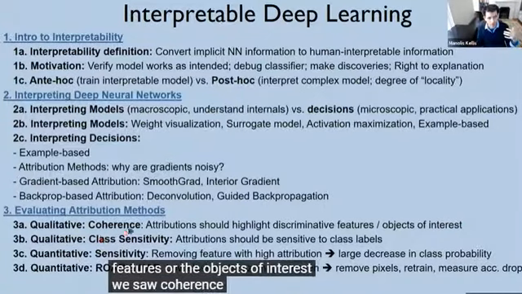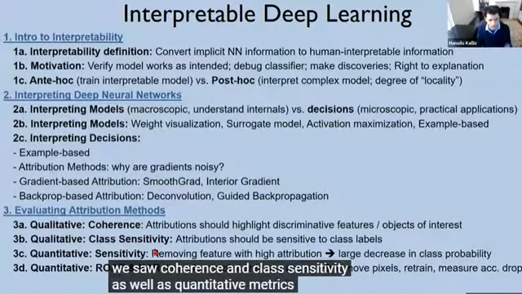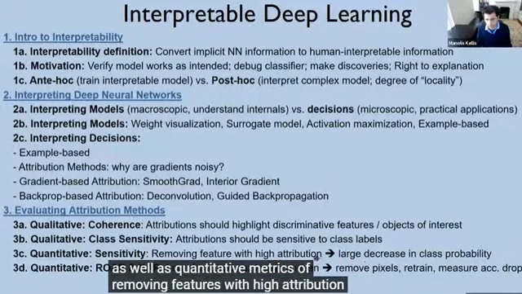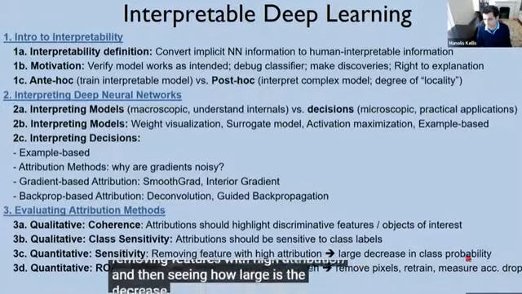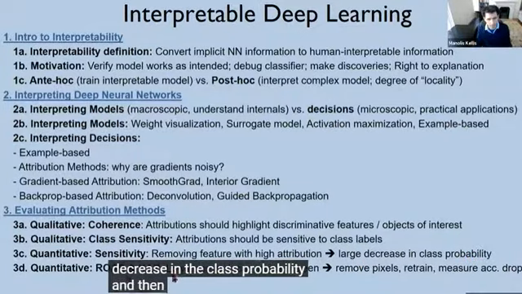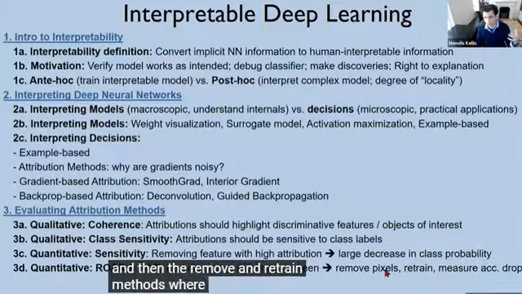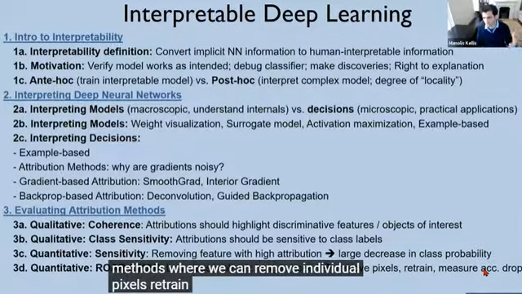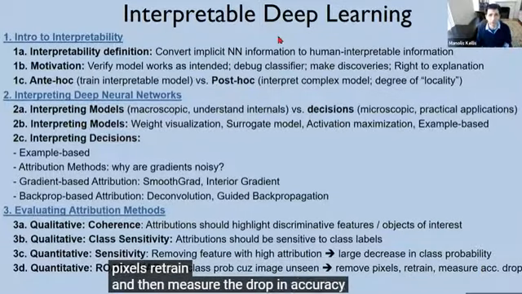We saw coherence and class sensitivity, as well as quantitative metrics of removing features with high attribution and then seeing how large the decrease in the class probability is, and then the remove and retrain methods, where we can remove individual pixels, retrain, and then measure the drop in accuracy.